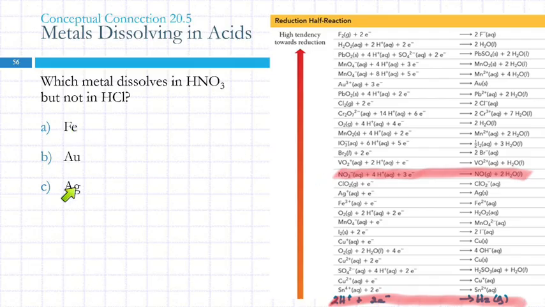So then we need to find these Fe, Au. So here's gold and silver and iron. Yeah, so the Fe is right under this. I really need to fix this.